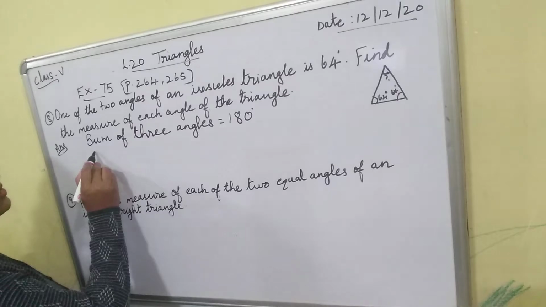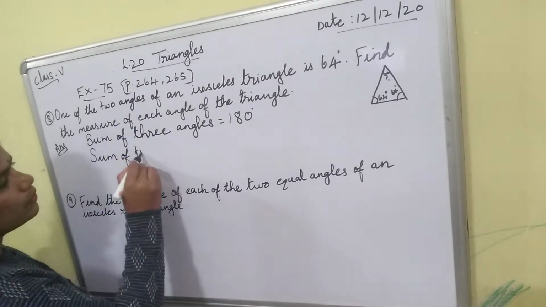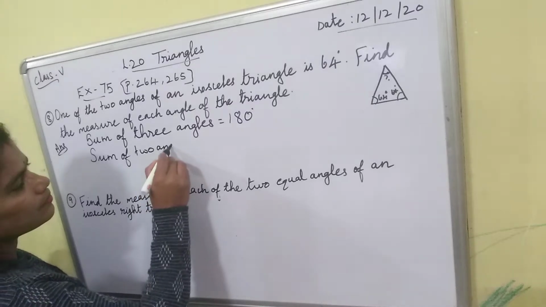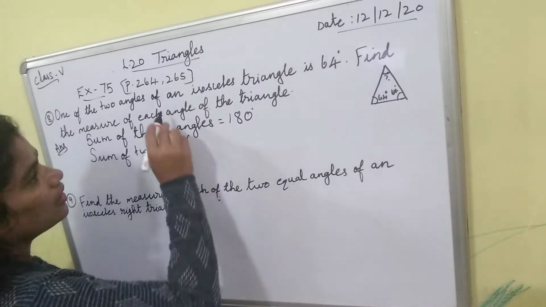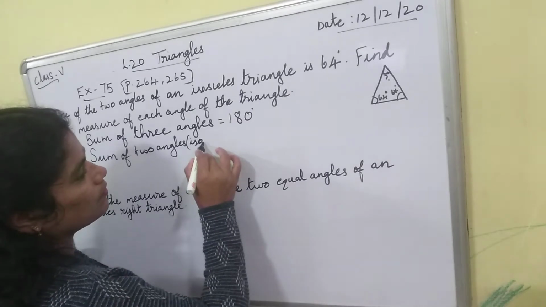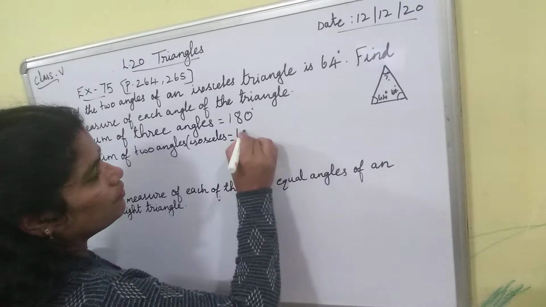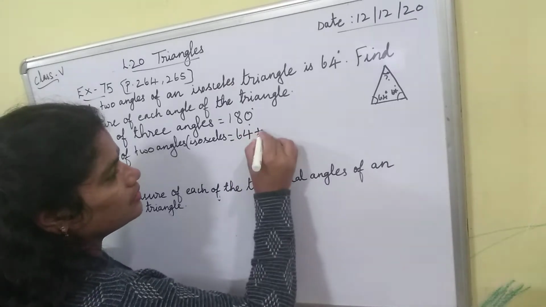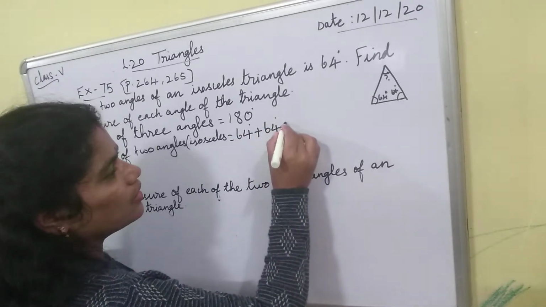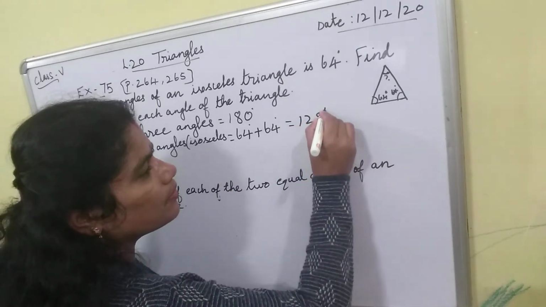Sum of two angles equal to 64 degrees plus 64 degrees equal to 128 degrees.